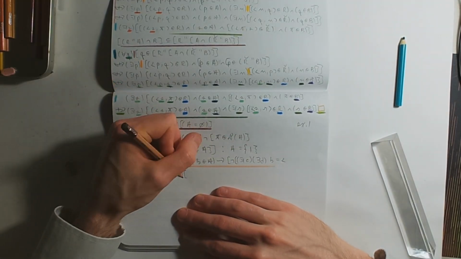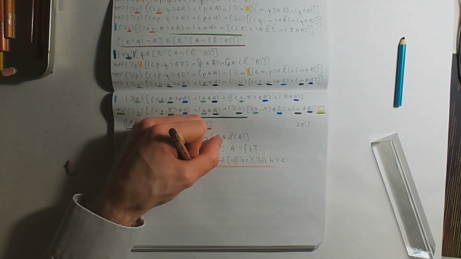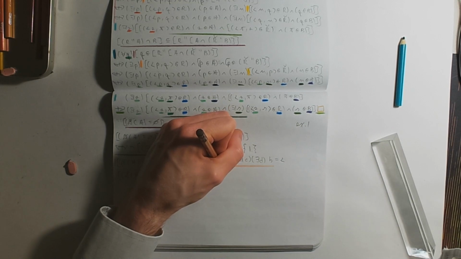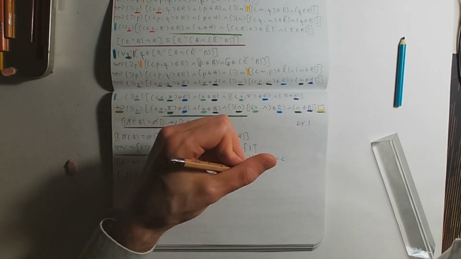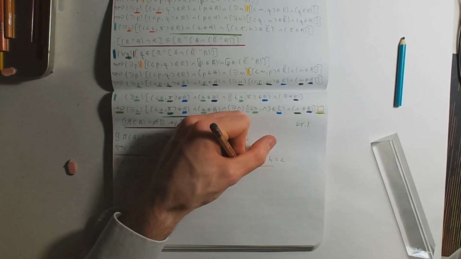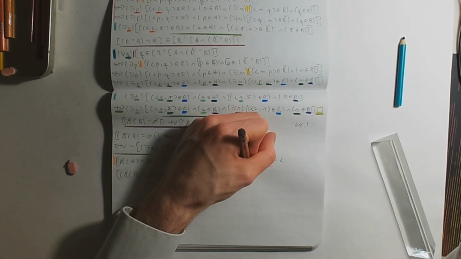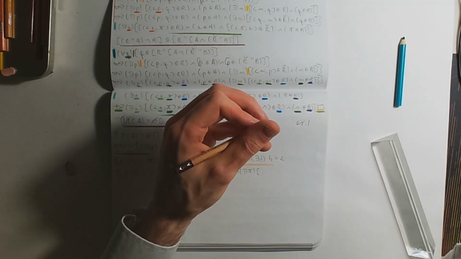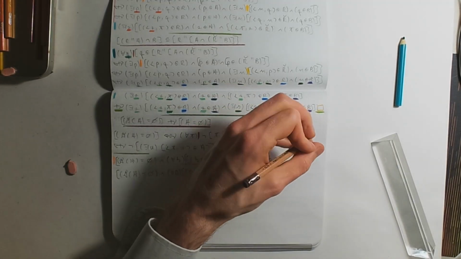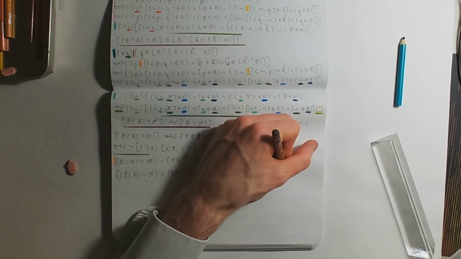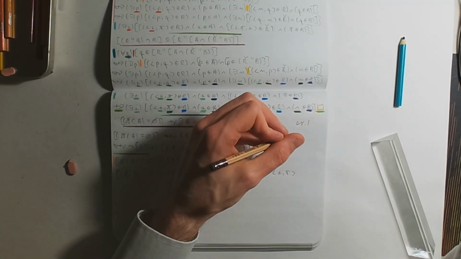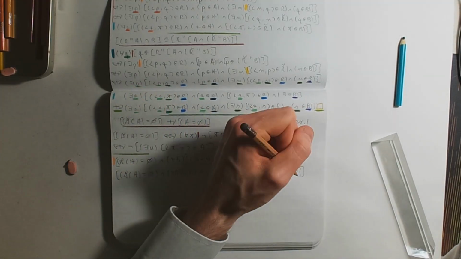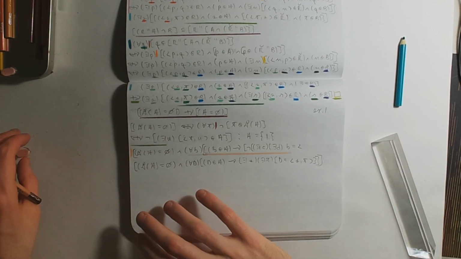For all D, if D is an element of A, then there exists an S and there exists a T such that D is equal to the ordered pair ST. Exciting. Okay, sure.